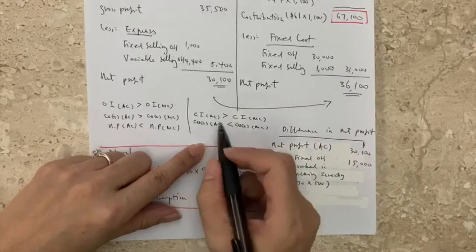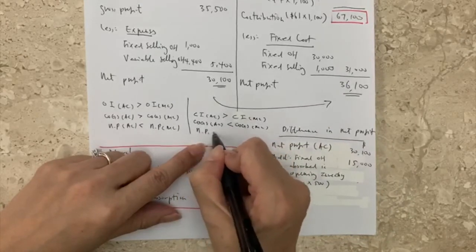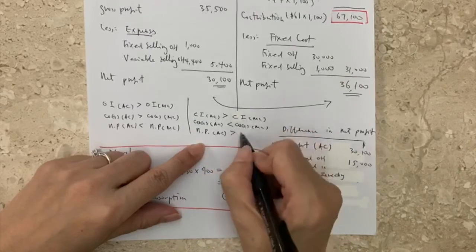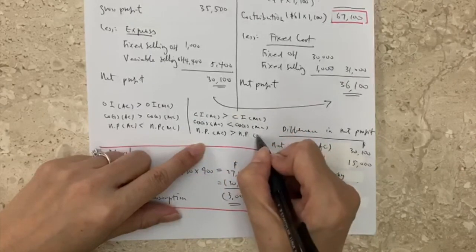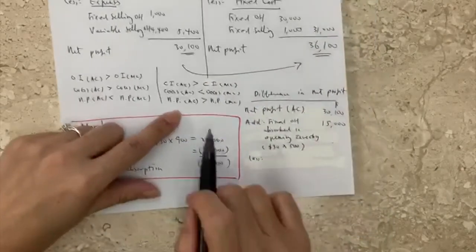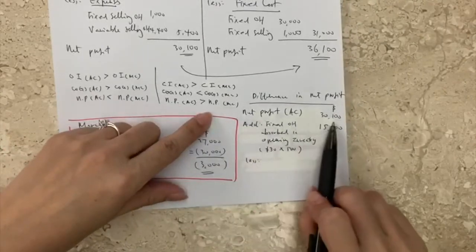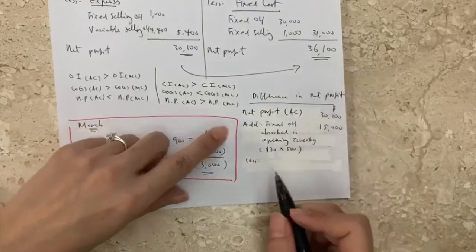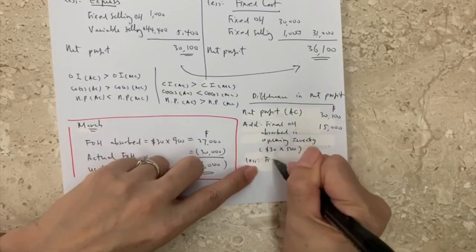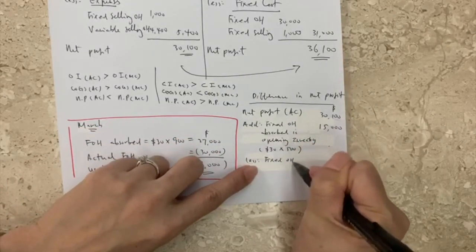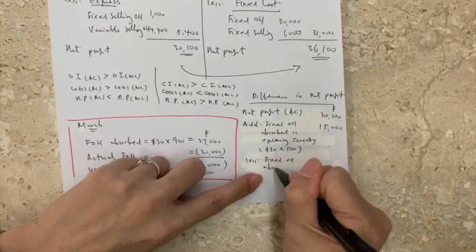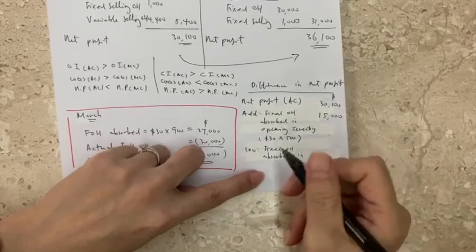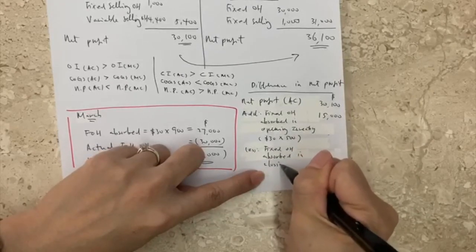So with smaller costs, net profit under AC will be bigger than net profit under MC. So net profit this time will be bigger, so I start with a bigger one. To work out the net profit under MC, I need to minus fixed overhead absorbed in, this time, closing inventory.